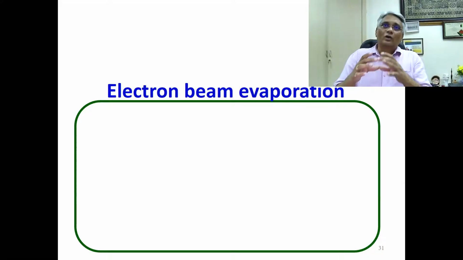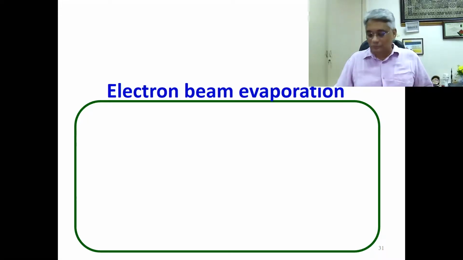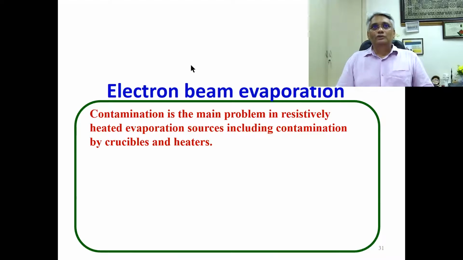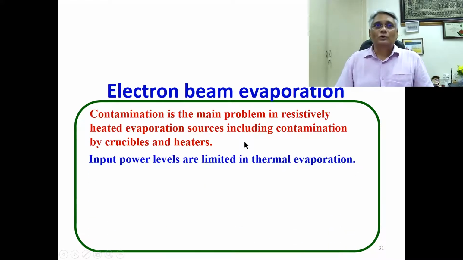That gives a lot of energy to the atoms emanating from the molten source. So contamination is the main problem in resistively heated evaporation sources, including contamination by crucibles and heaters. Okay, so input power levels are limited in thermal evaporation.